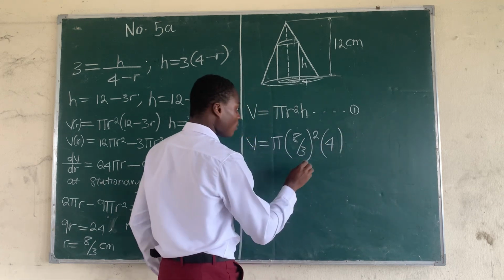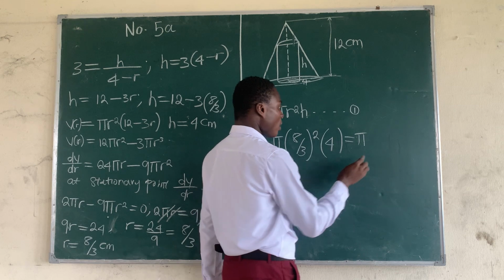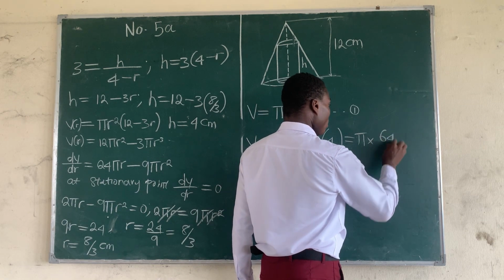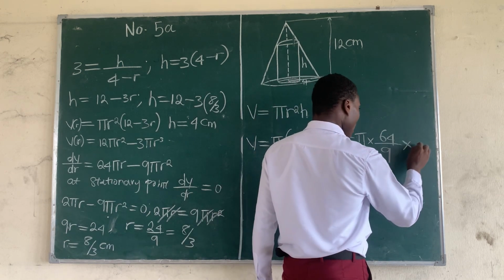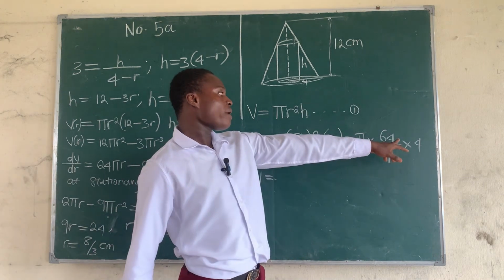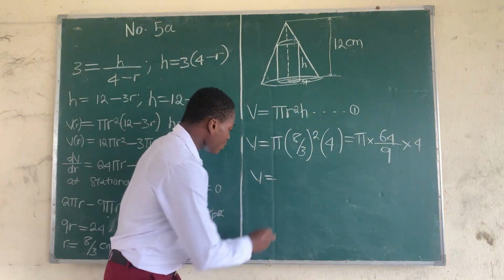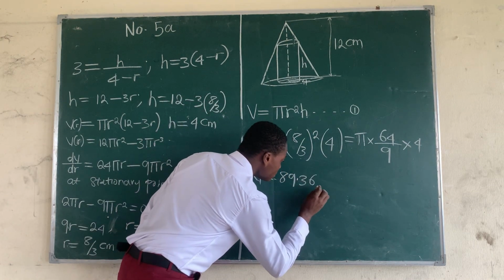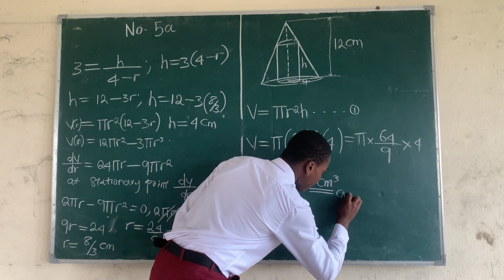Our h becomes 4. So this should be equal to pi times 8 squared, which gives us 64, over 3 squared, 9, times 4. If we evaluate this, we have the volume equal to 89.36 centimeter cube as our answer.